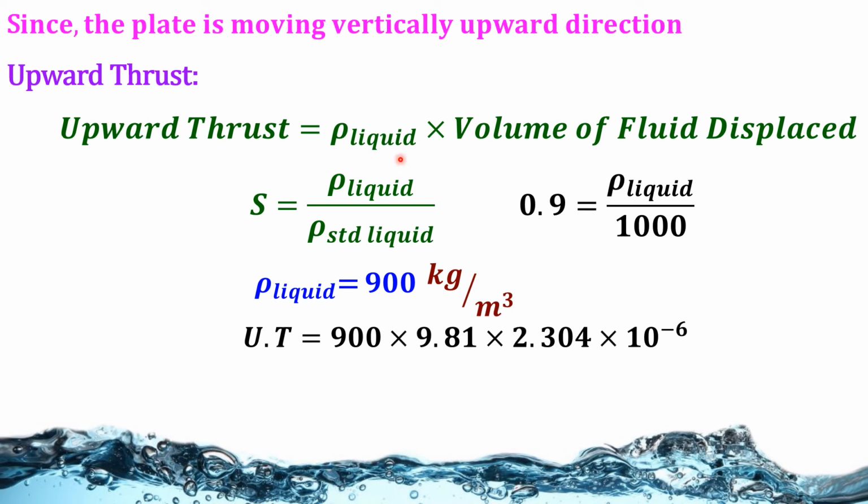Substituting in the above equation, upward thrust is equal to 900 into 9.81 into 2.304 into 10 to the power minus 6. Here, 900 is the density and 2.304 into 10 to the power minus 6 is the volume. The 9.81 is used here to convert kg into Newton. Therefore, upward thrust is equal to 0.0203 Newton.